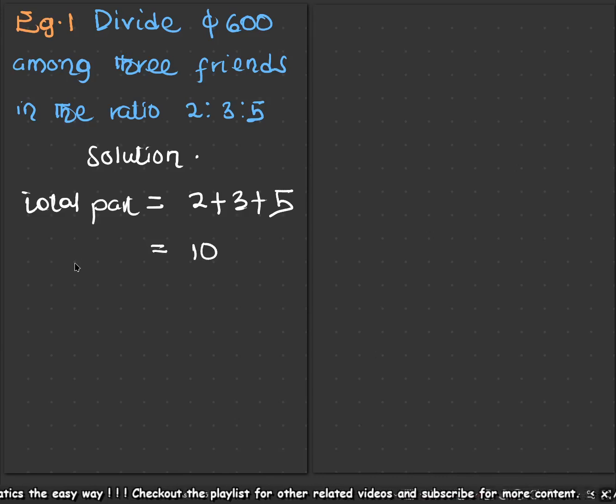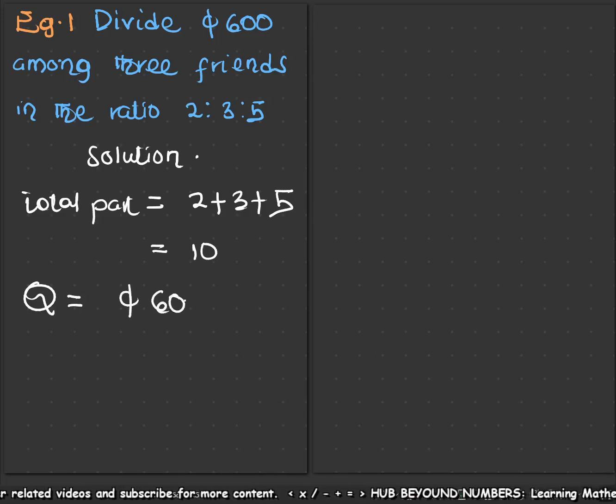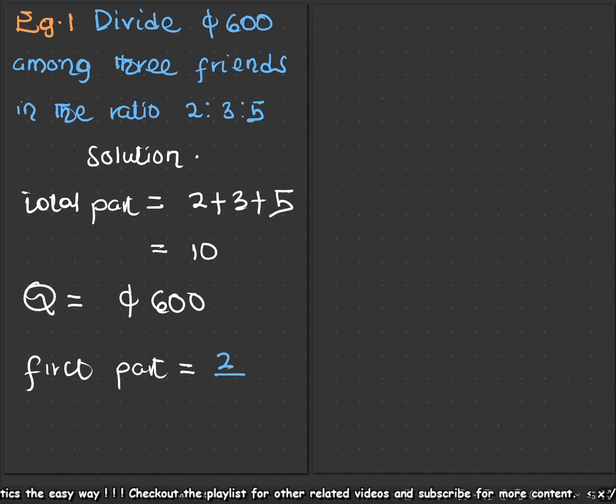Now, the quantity we are trying to share, that is our Q, is 600. So for the first friend, the first part, it is going to be the first ratio, which is 2, over our total ratio, which is 10.